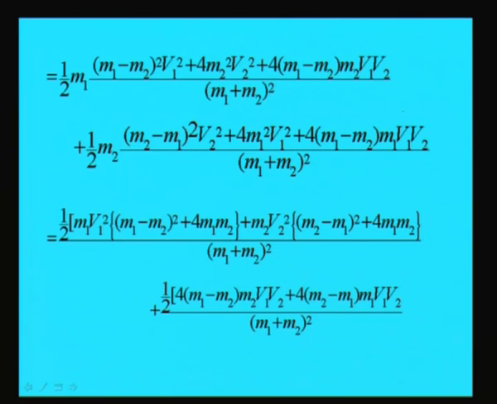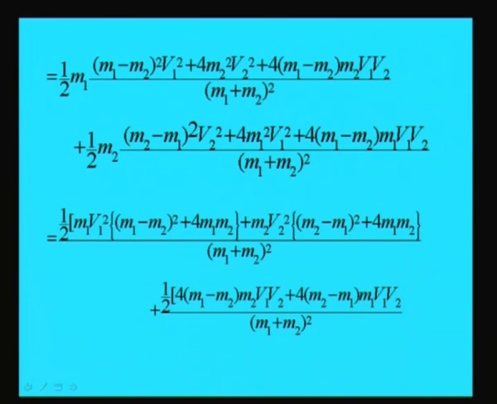So that expression you are getting, and then one has to adjust this, half can be taken as common. So half M1 V1 square, if you take, you will get (M1 minus M2) square plus 4 M1 M2, and then half M2 V2 square times (M2 minus M1) whole square plus 4 M1 M2, divided by (M1 plus M2) square.